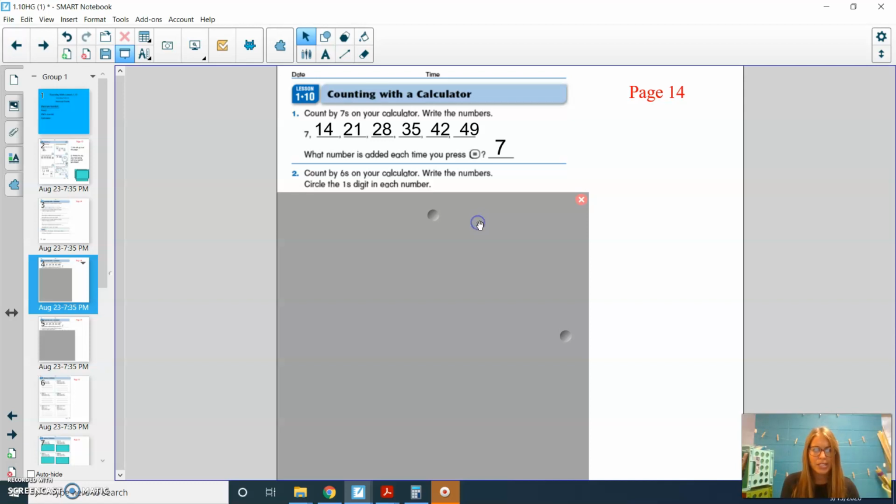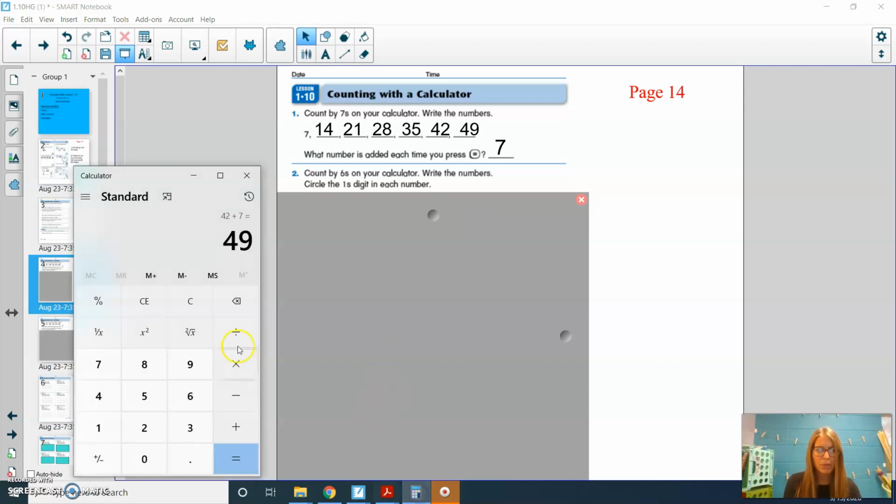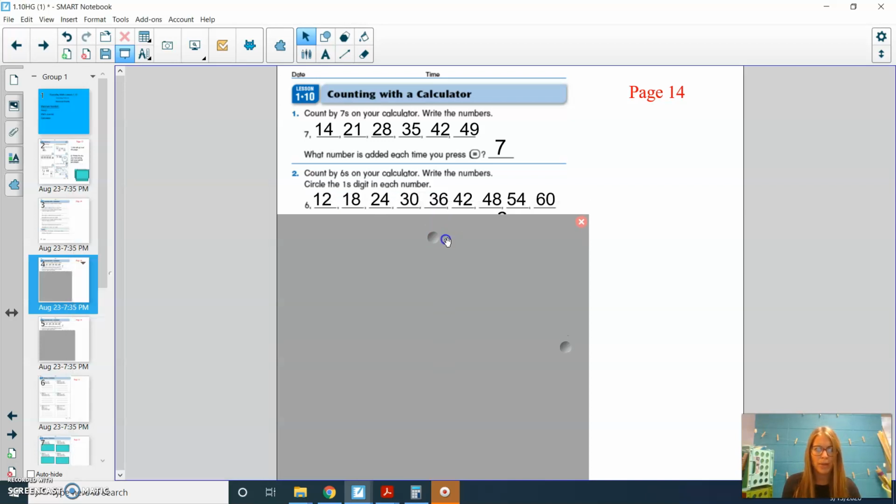All right, second graders, so when I'm counting by sixes, again, I'm going to pull up my calculator. I need to hit clear. So this time I'm going to type in a 6 plus 6, and I'm going to click equals. So 12 is going to be the first number that I'm going to write on that line.